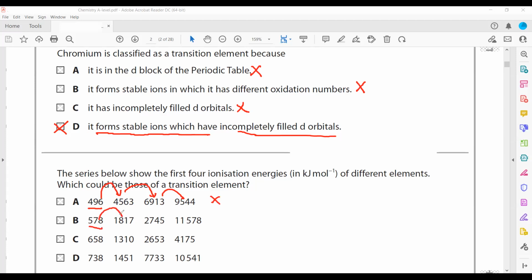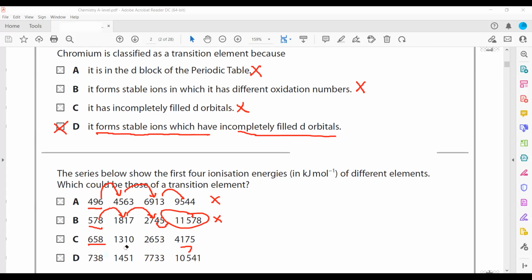578, it is about 3 times, then it becomes double, and then see the very big jump from 2745 to 11,000. When you check option C, 658, double is about 1300, double is 2600, double is about 5200, but it's in the same order, the same range. But why not D? So C is the right answer for this.